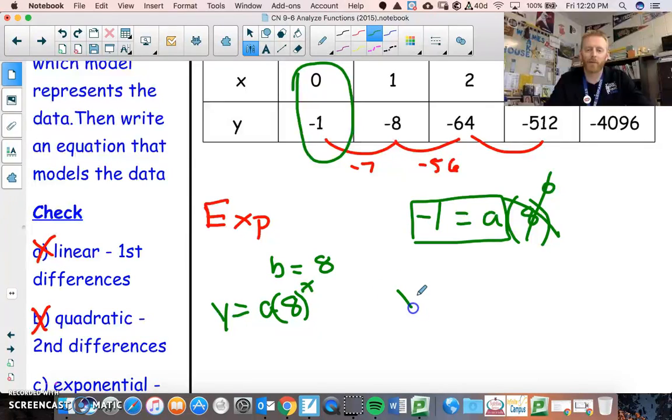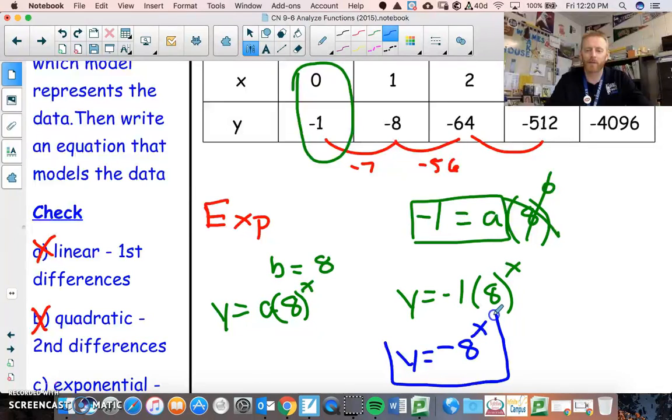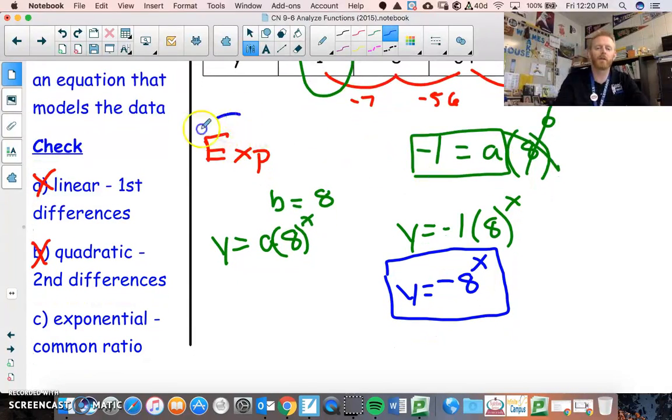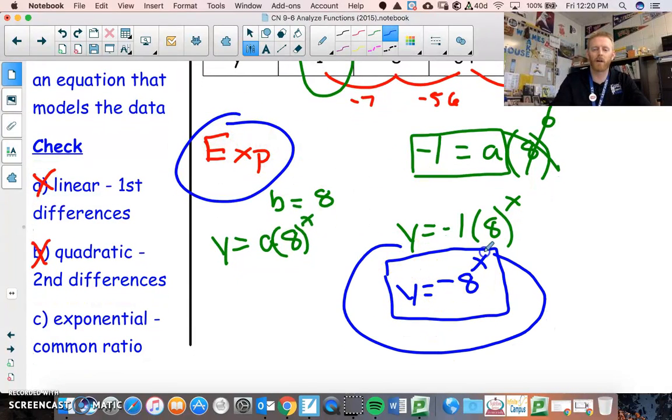So I'm going to have a negative 1 times this 8 to the x power. A more simplified way of saying this would be a negative 8 to the x power. So y is equal to that. That would be the most simplified way of writing this. All right, folks, this is what it looks like for exponential functions. And here's the equation that goes along with it.